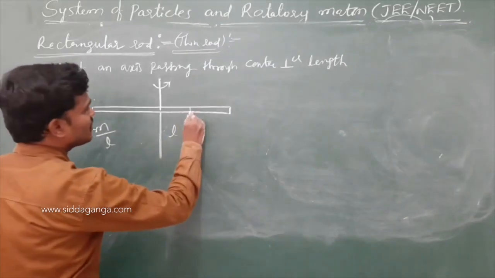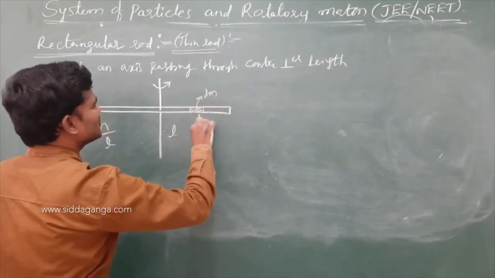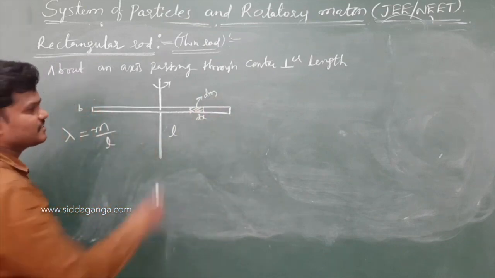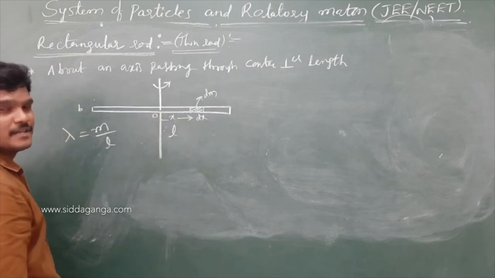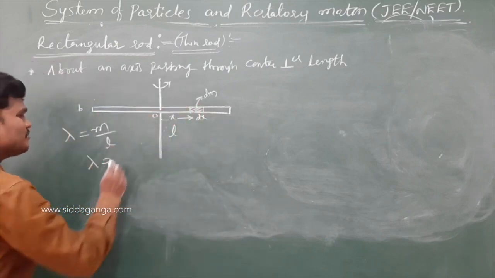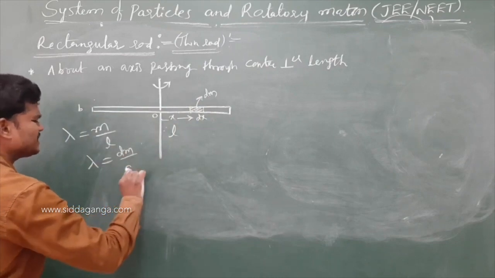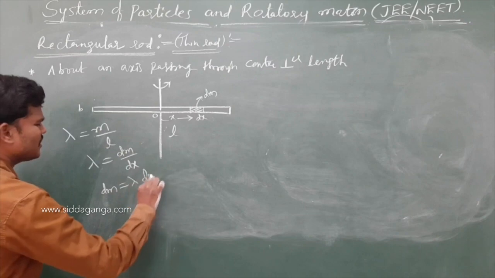If I take a small part whose mass is dm and whose thickness is dx at a distance x from the center, then the linear density of the small part is dm by dx. So dm we can write as lambda dx.